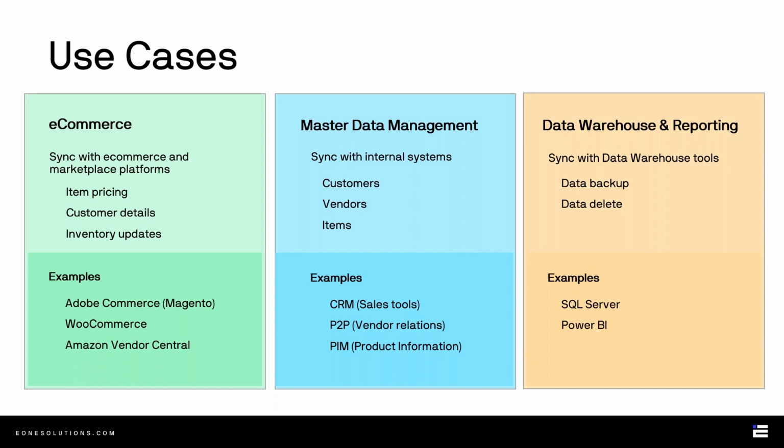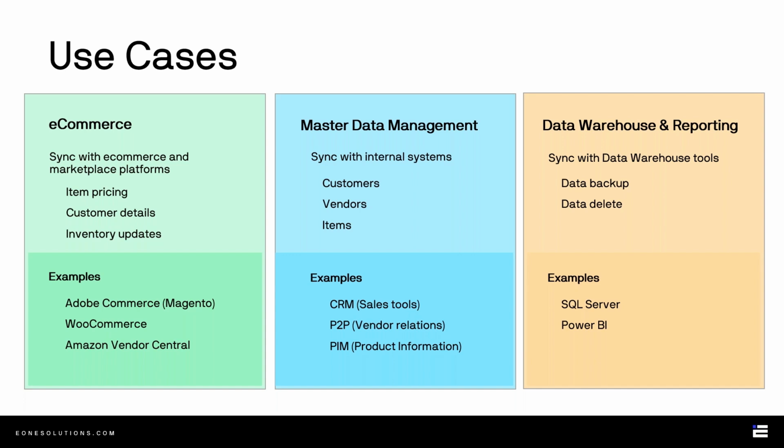So maybe you sell thousands of items and you want to make sure that you keep the web shop up to date with everything that's happening. Most web-based systems such as Shopify or BigCommerce are going to limit you on how much data you can push in a day, in an hour, in a minute.